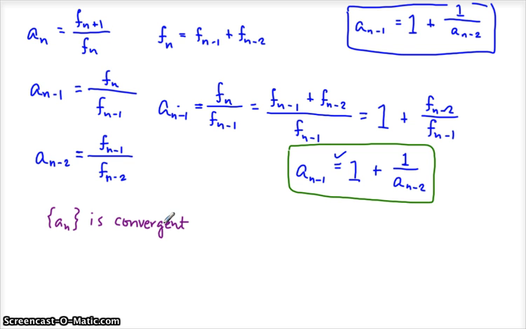So when we say that it's convergent, we're saying that for this a sub n, as your n is approaching infinity, meaning as you continue through these many months with your rabbits, or anything related to the Fibonacci sequence, this a sub n ratio is going to approach a value of L, is what we'll say.